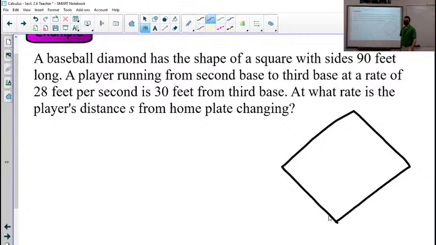A player is running from second base to third base. In case you don't know, the space between second base and third base is here, so the player is somewhere here.